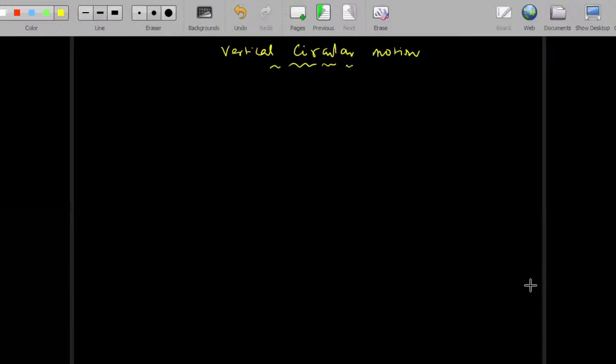The fundamental difference between that circular motion and this vertical circular motion is that here the motion is under gravity. So the first thing we need to learn is that this motion is under gravity. All right.